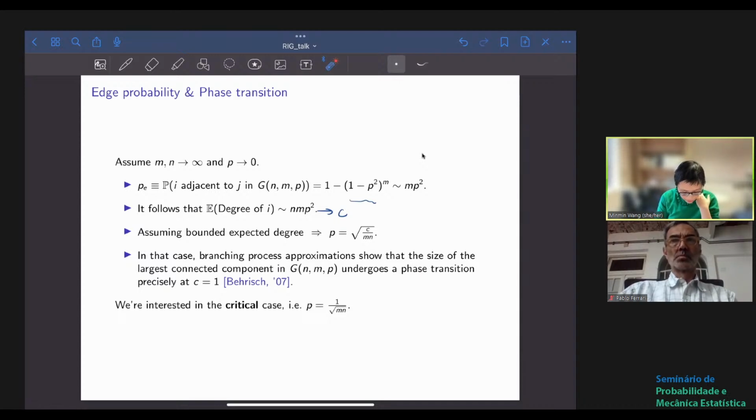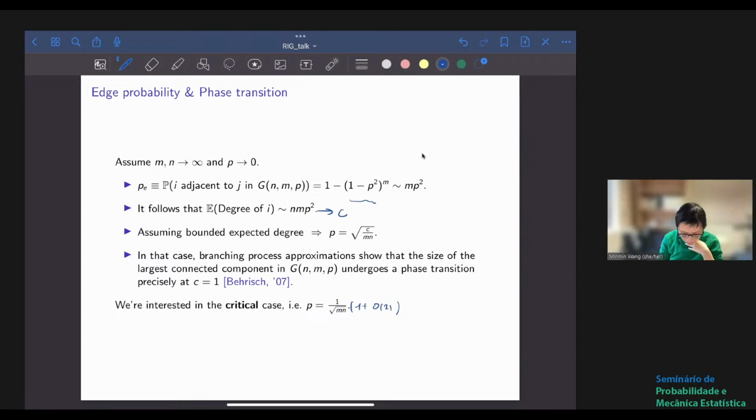So I'm going to be interested in the critical case, that is, the probability p takes the form 1 over square root of mn. In fact, we could be a little more relaxed about that, so we can put a small error term. We're going to see what the order of this error term is later on. That's not going to change the big picture of the graph.